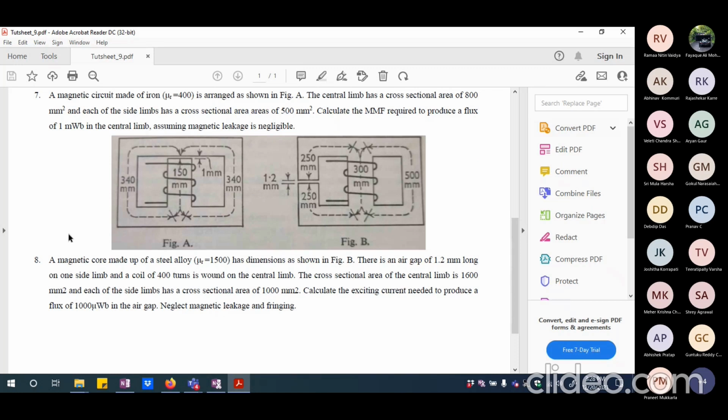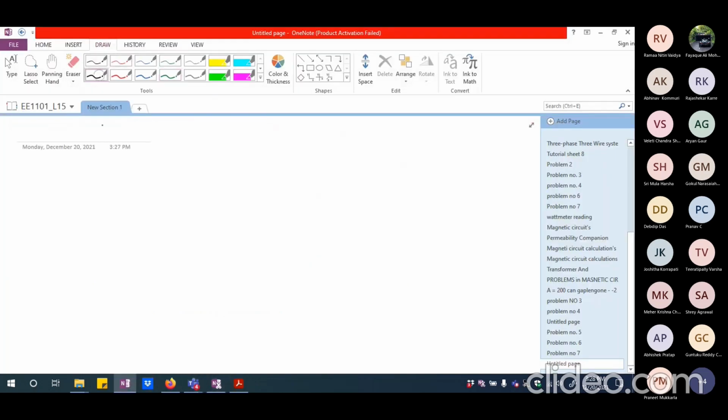Okay. So for doing this, first of all, we'll have to draw the complete magnetic circuit. This is the central limb, which is going to have the MMF, and that has the reluctance of iron itself or whatever is the magnetic material.